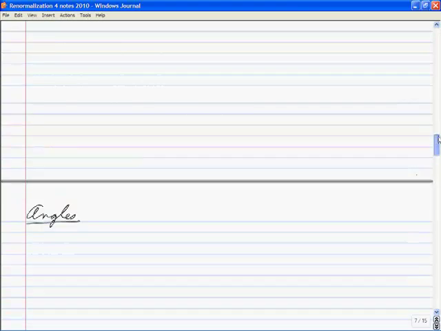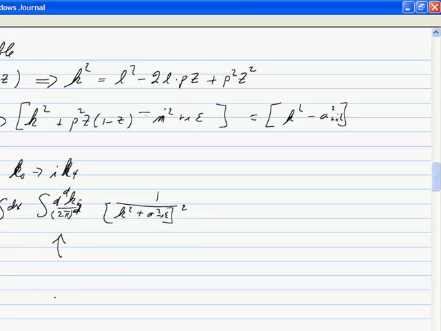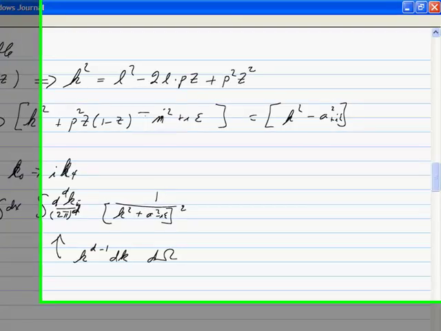So clearly, when we're doing this integral, this is at this stage spherically symmetric. So we'll write that as k to the d minus 1 dk. That's always there. That's the usual stuff. And then there'll be a little d omega appropriate for d dimensions.